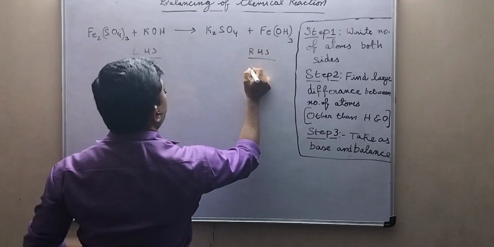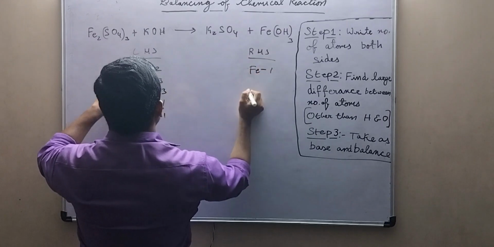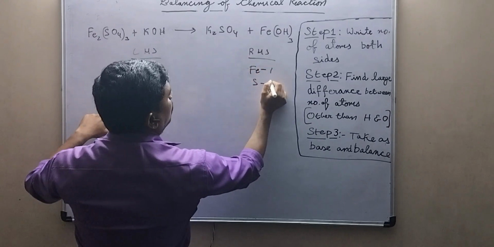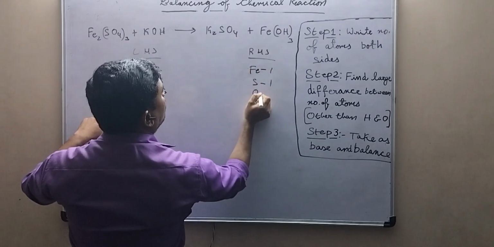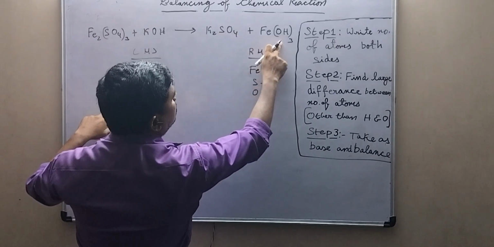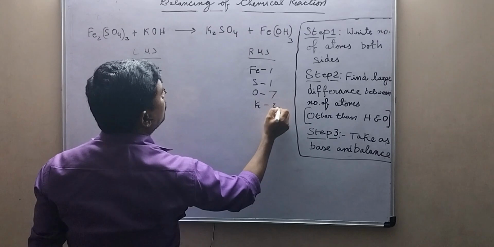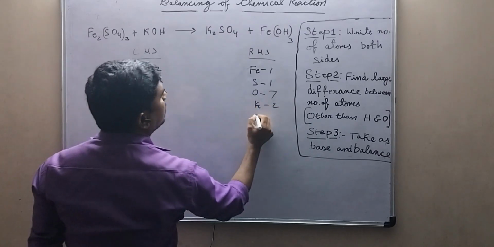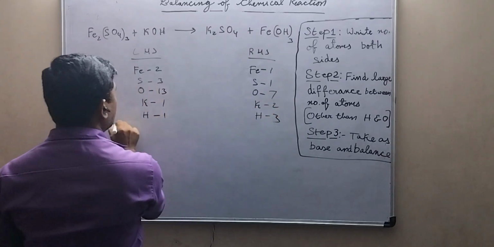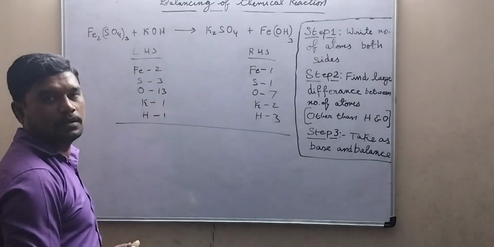Now right hand side, Fe 1, sulfur 1, oxygen 4 threes, 7, potassium 2, hydrogen 3. So step 1 completed.